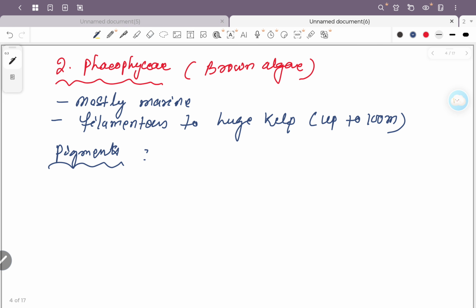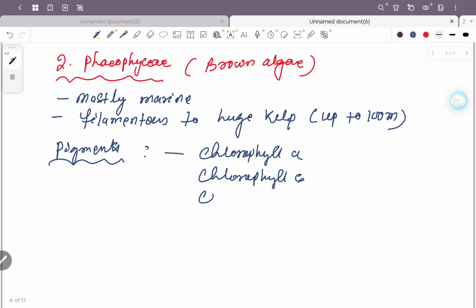What are the pigments they are having? They have chlorophyll A, chlorophyll C. Remember, C, not B. The next is carotenoid and fucoxanthin.